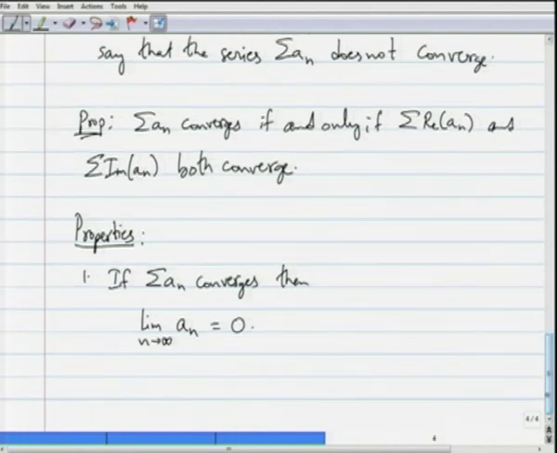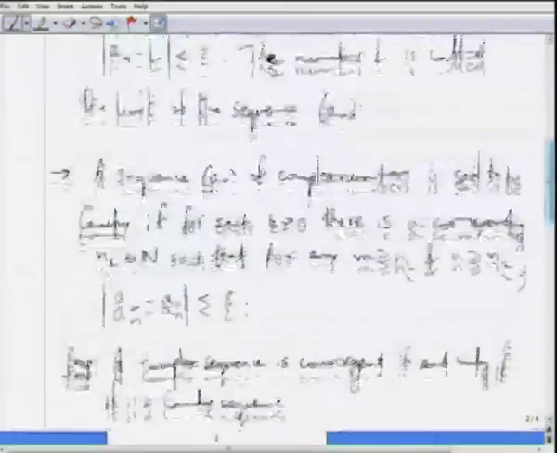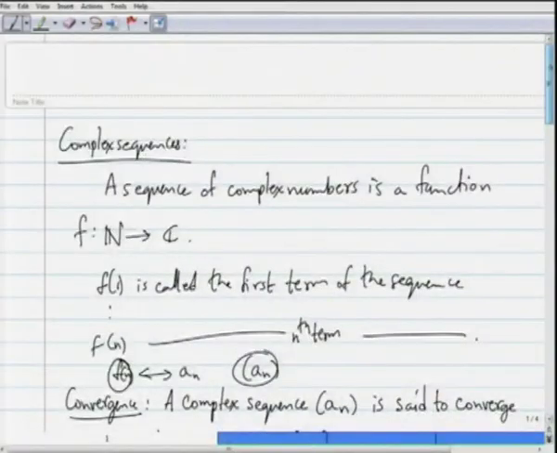Although I did not introduce this notation, limit as n goes to infinity of a n, it is what it means in the case of real sequences.